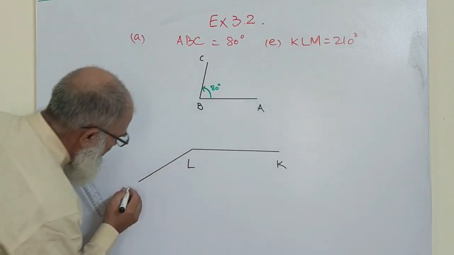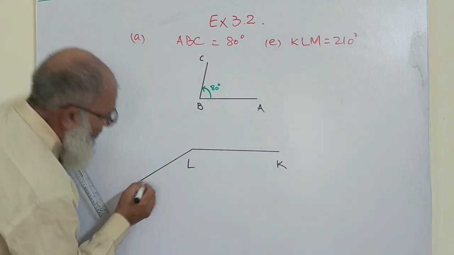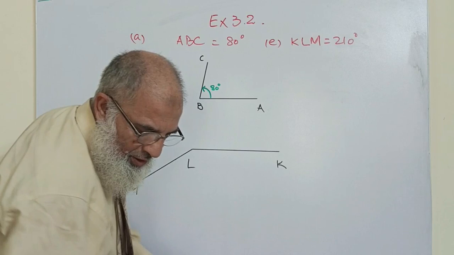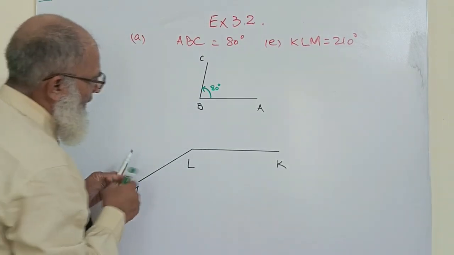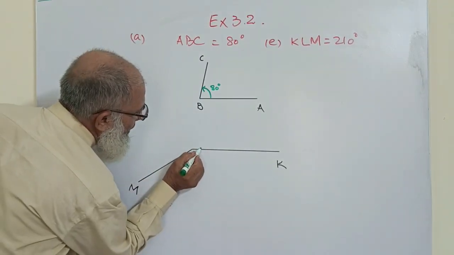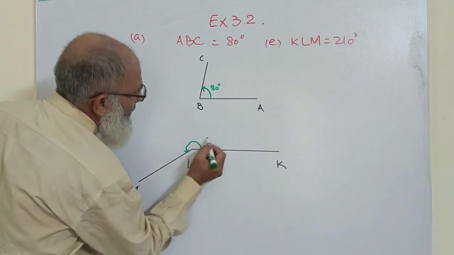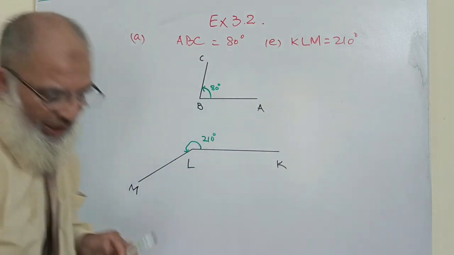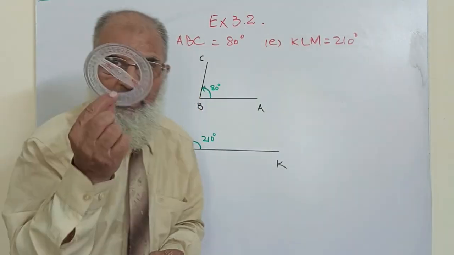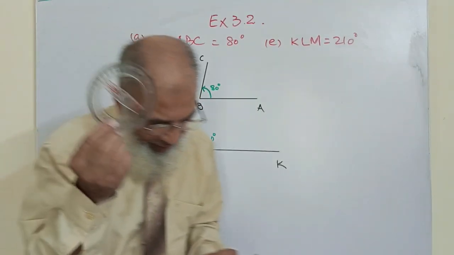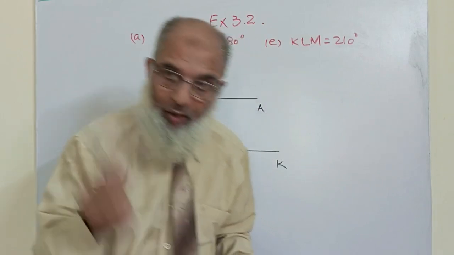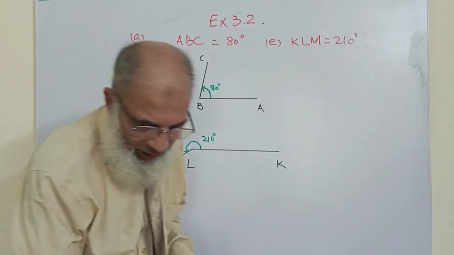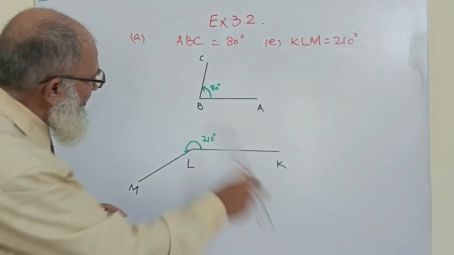The last is M. Now my dear students, the angle which has been formed is like this, and this is 210 degrees. Now what if I don't have this protractor? What will we do?